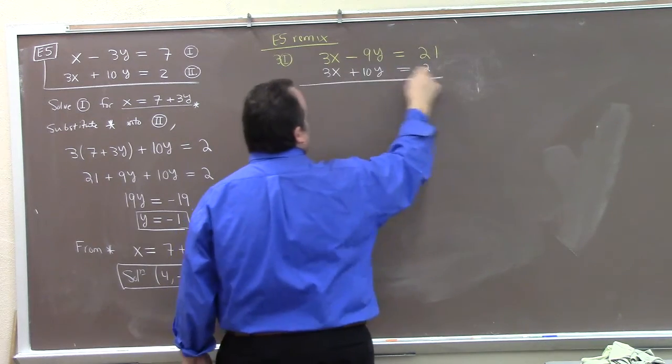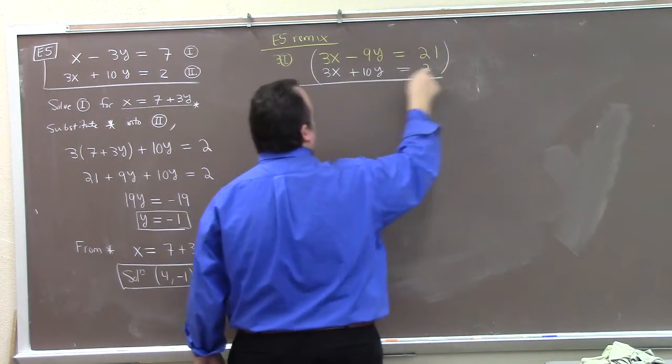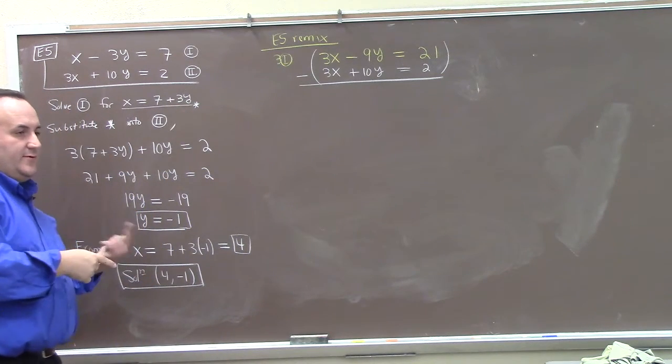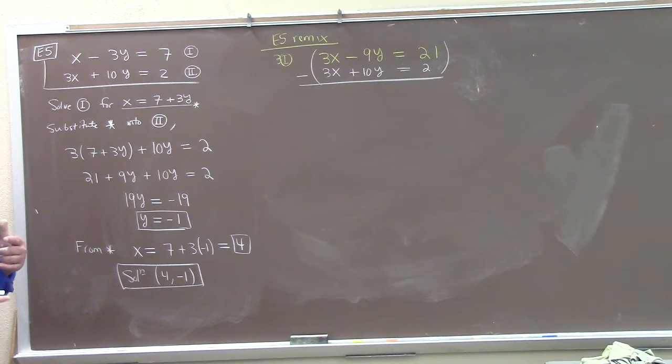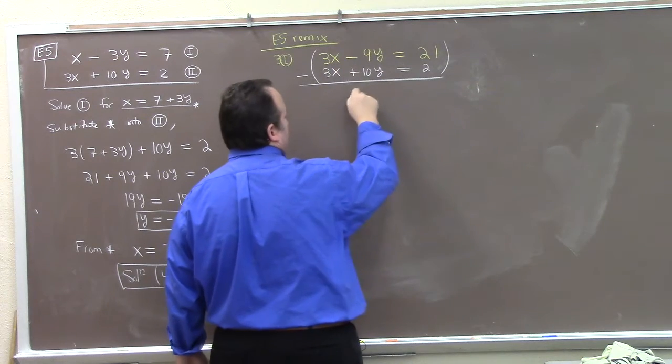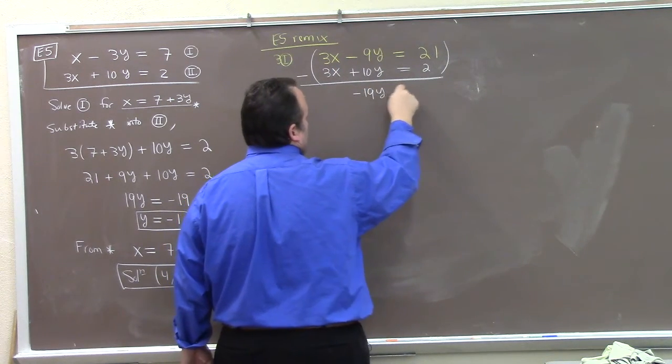I take these, I subtract them. So my whole strategy here is to multiply the one equation by a number to make either the terms with x or the terms with y match up. Because once they match up, I can either add or subtract them to make them cancel out. That's the trick. So here they cancel out, and I get minus 19y equals 19.